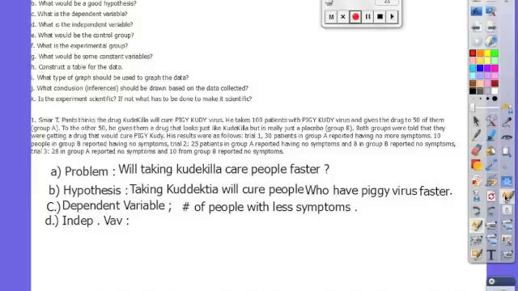The independent variable is going to be what we changed in the experiment, so it'll be the medication. It's given, which will be the cootie killer. I'm going to put it here in parentheses.